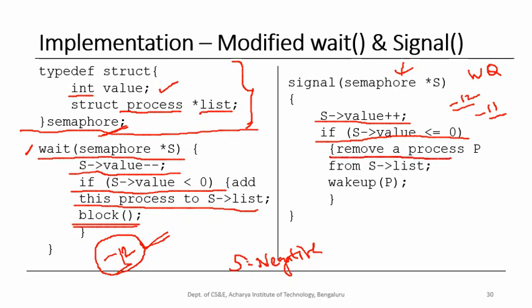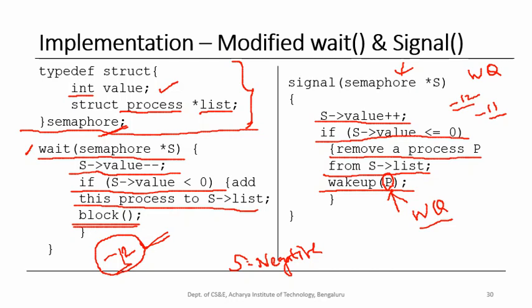So remove a process P from that waiting queue and change its state from waiting to ready. That is done with the help of a wakeup operation, wakeup of P. This is the process present at the head of the waiting queue. It is removed from the waiting queue and allowed to enter into the critical section.